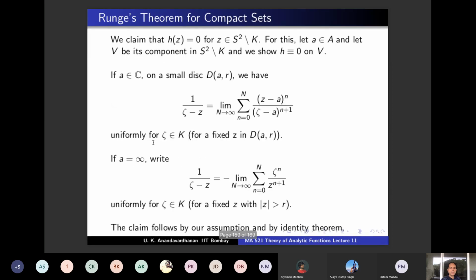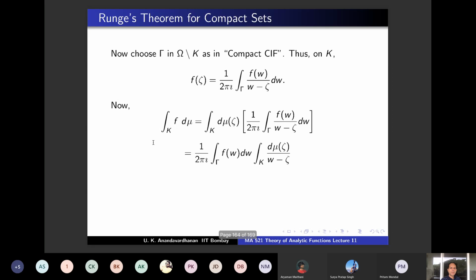So this is h of w. Sorry, d mu by zeta minus w is h of w. So this is minus of h of w. So with the minus sign, 1 by 2 pi i integral over gamma f(w) h(w) dw.